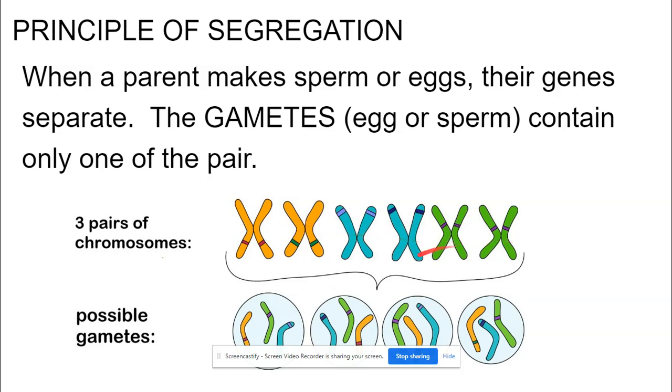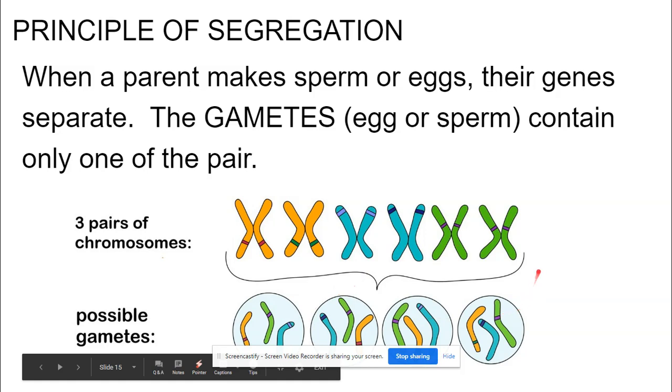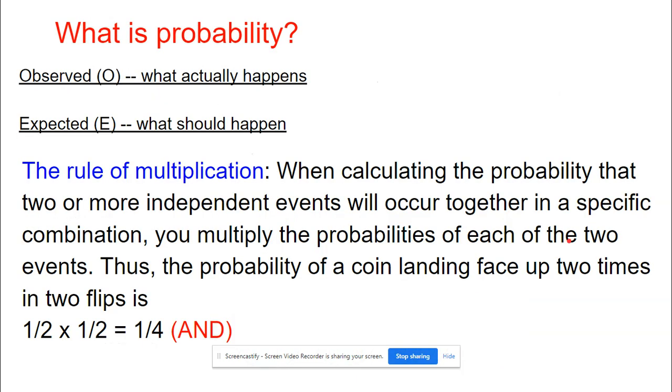You can tell they're going to vary in which ones they have. This principle of segregation and this dominant and recessive pattern is what's going to help us figure out the chances of offspring having different combinations from the parents.